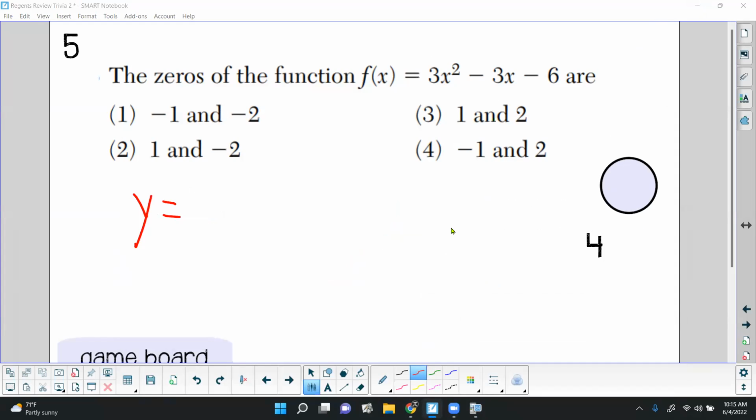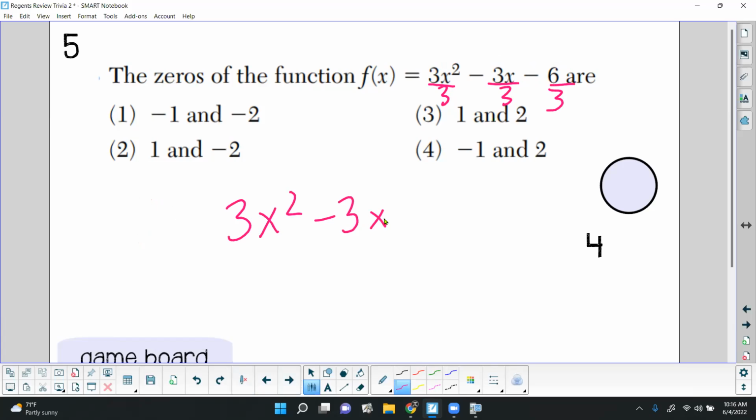If this question had no choices and you had to show your work on your own, you could solve this by using the quadratic formula for sure. You could also solve by factoring. I see here that these all are multiples of 3, so I could have pulled out that GCF. And when they're looking for zeros, remember they're asking you to take away the f of x and put the equals 0 sign.